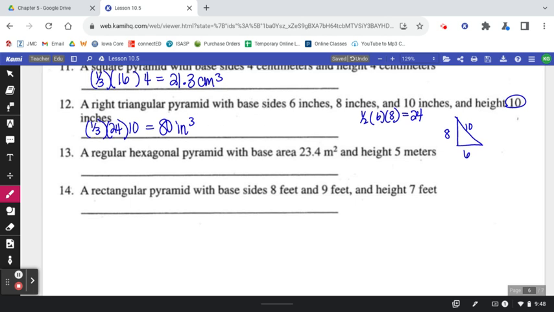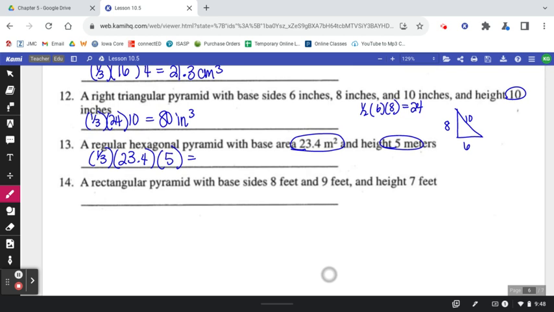A regular hexagonal pyramid, then it gives me my base area and it gives me the height of my pyramid. So 1/3 the base area times the height of the pyramid. Oops. I got 39 meters cubed.